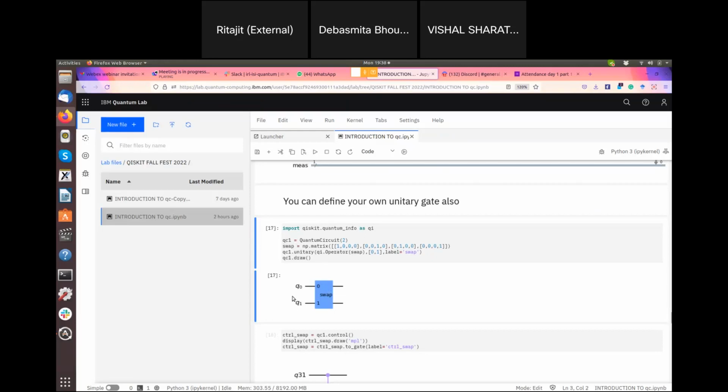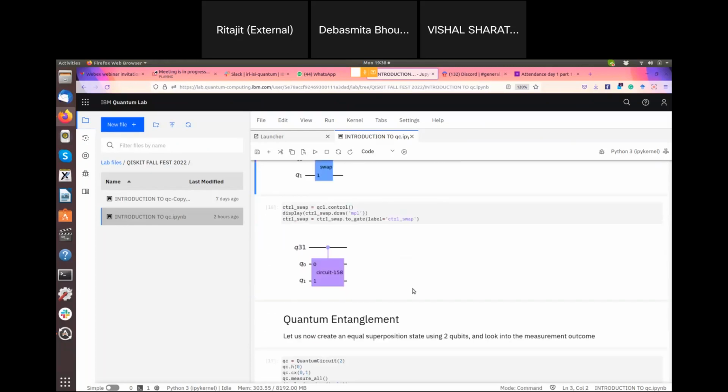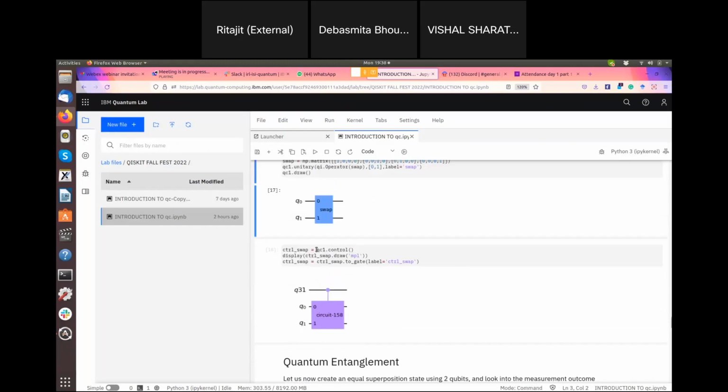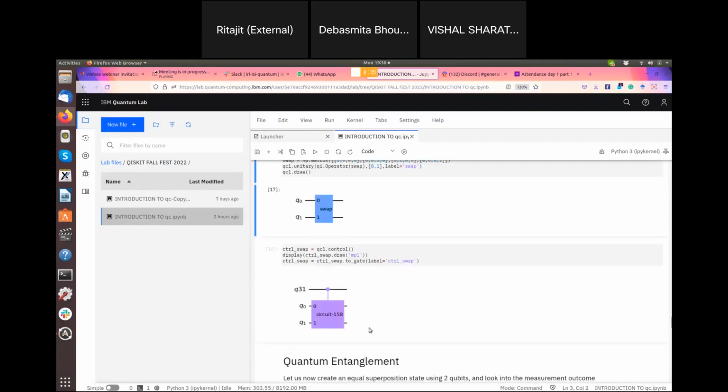So here you can see if we draw, this swap is basically acting like a black box which we have defined in our code. So thus we can define our own unitary gates also. And here we can use control. So control swap, QC1.control. You can fix the control, you can fix the target, and all those things.